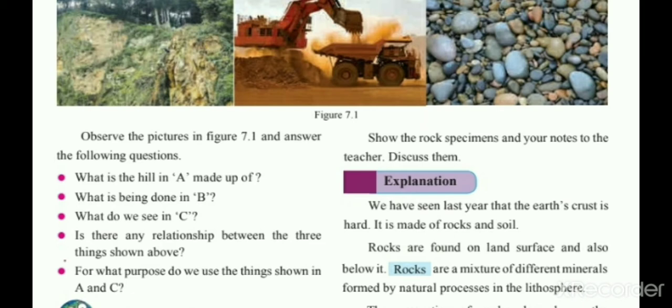The things shown in A and C are used for constructing monuments and buildings, extracting minerals, and so on. So for constructing monuments and buildings, we are using A and C, and we can also extract minerals with their help. This is what we are going to learn in this chapter.